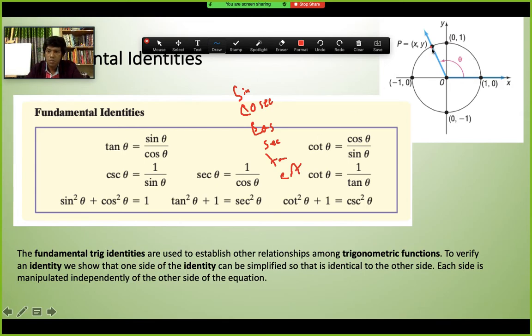If you draw a triangle here, let's take a straight line from here, and then another triangle here, and some angle we can give here, you will see that sine, cosec, cos, sec, tan, and cot are the ratios of these sides.